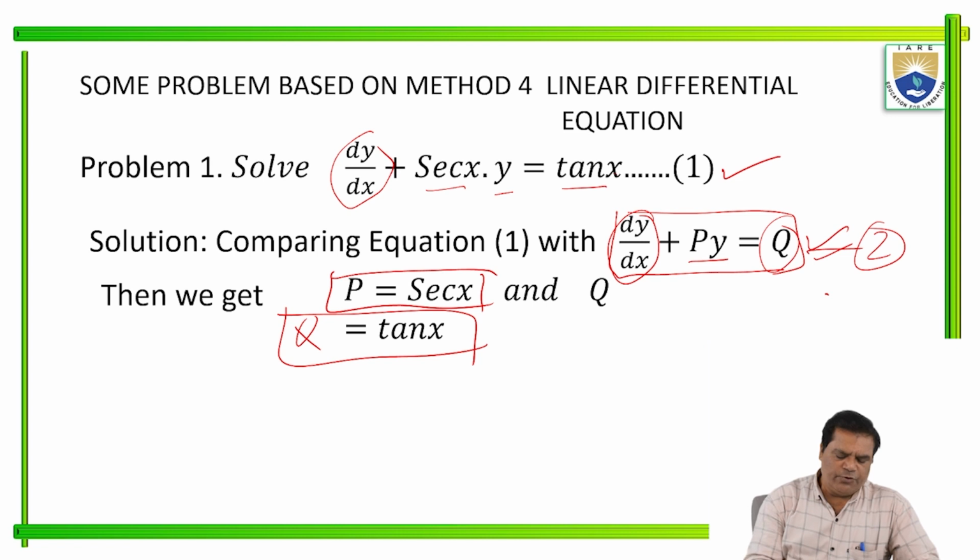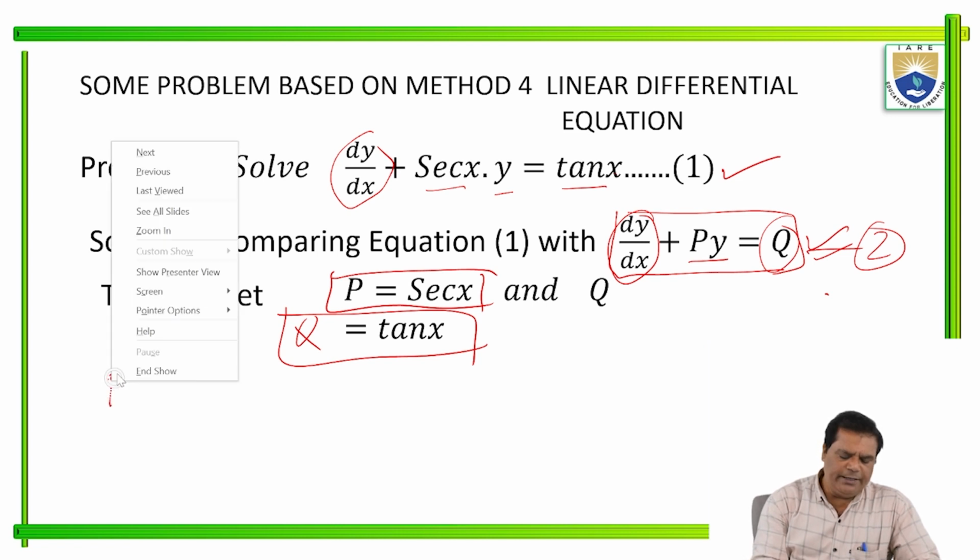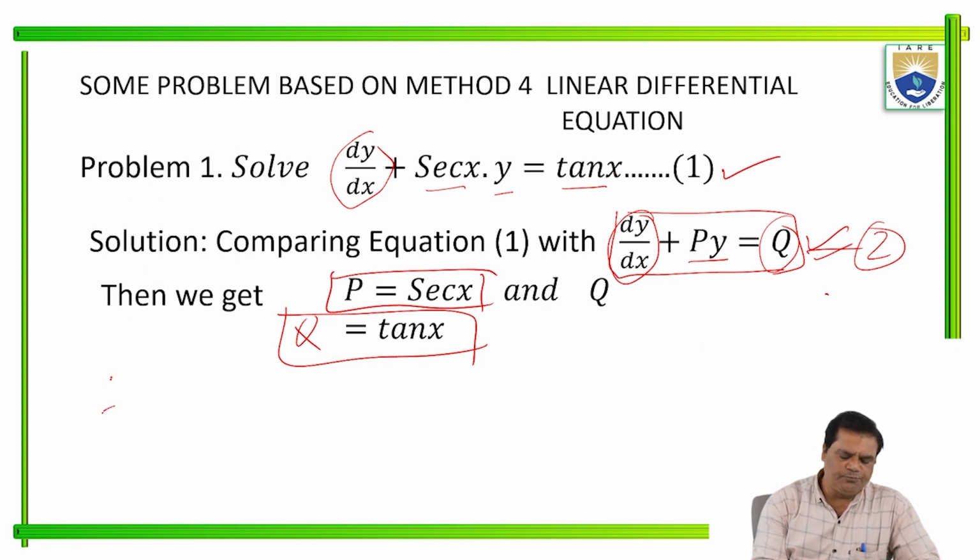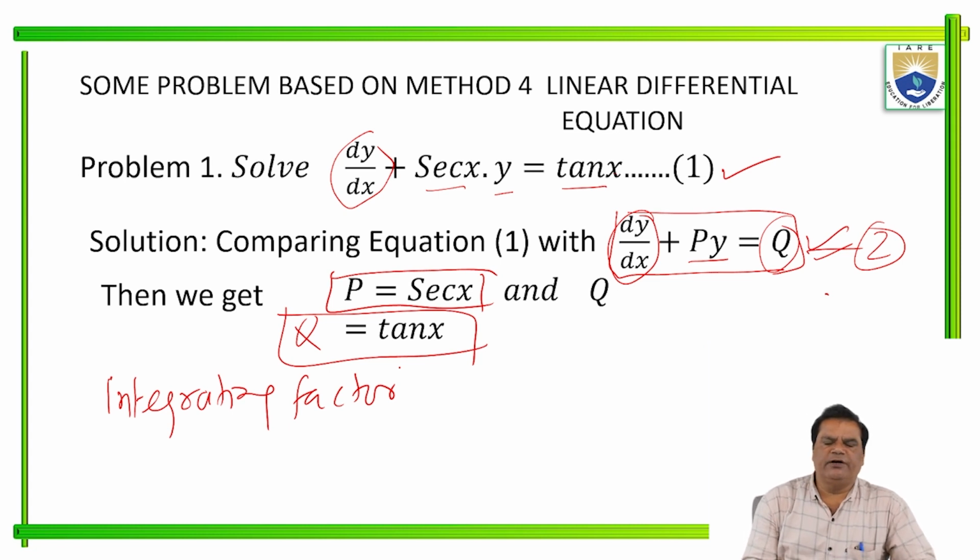So now, first I am taking the integrating factor. That factor is a very important factor. Why? Because we multiply this factor to each term on both sides of the equation, then the differential equation becomes integrable.